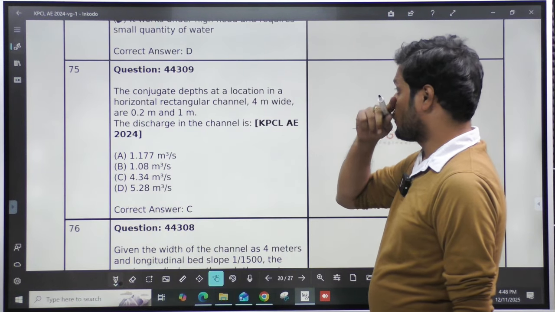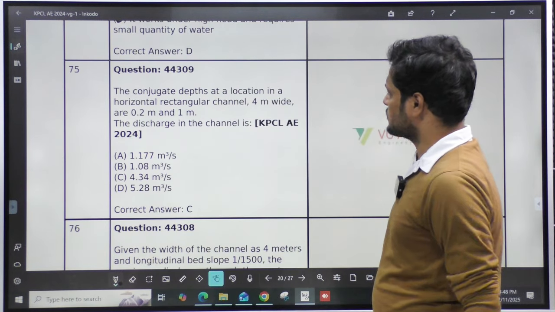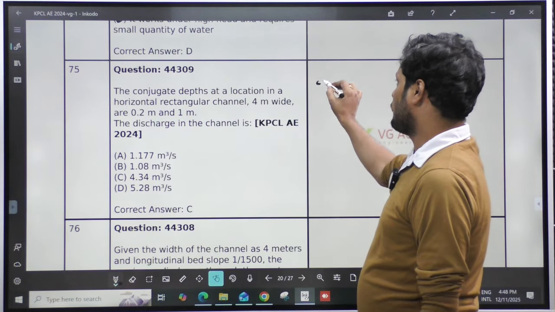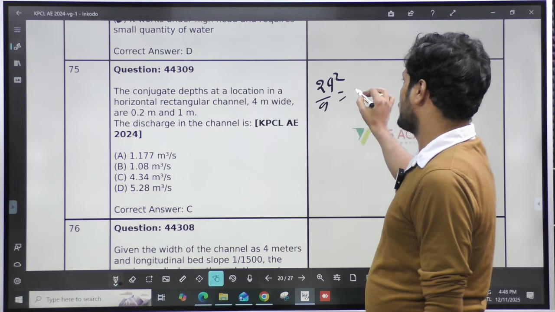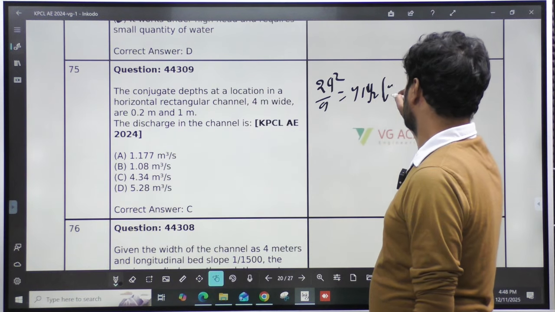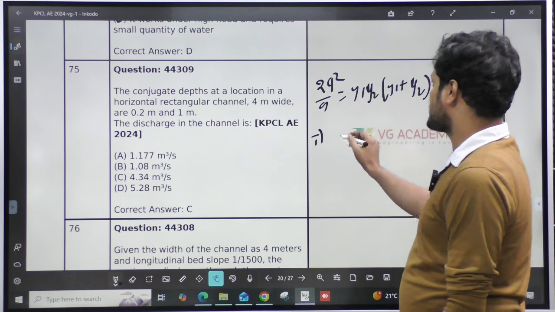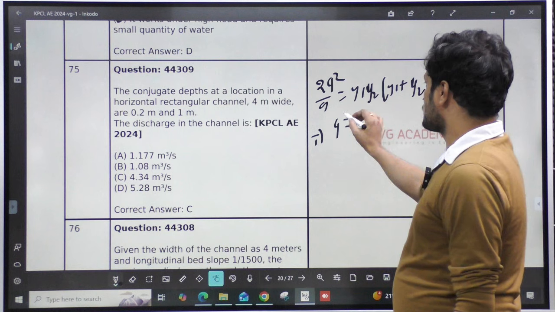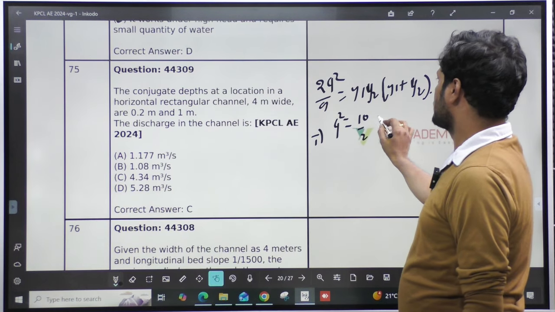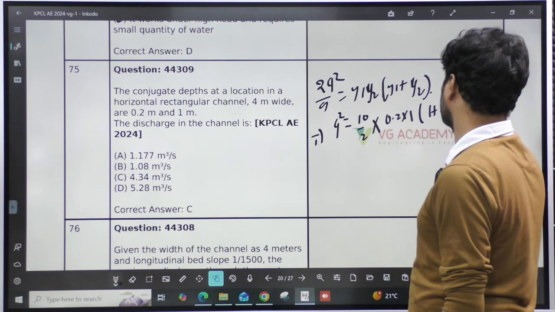The conjugate depths at a location in a horizontal rectangular channel 4 meter wide are 0.2 and 1. The discharge of the canal is. So we have a formula: 2q square by g is equal to y1 y2 into y1 plus y2. First we will find small q and then multiply with b to get the discharge. So q square is equal to g by 2, g approximately I will take 10, into y1 y2, 0.2 into 1 into 1 plus 0.2.